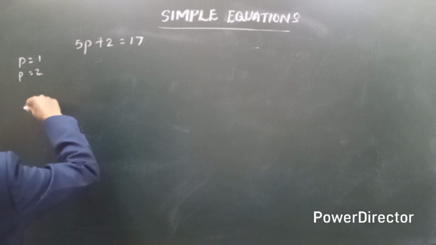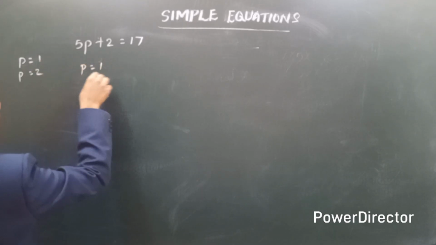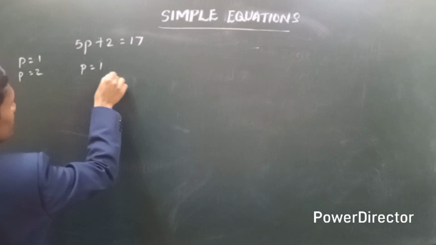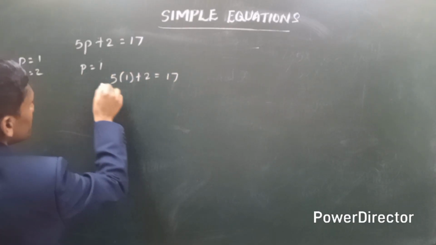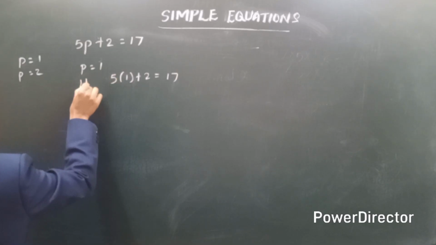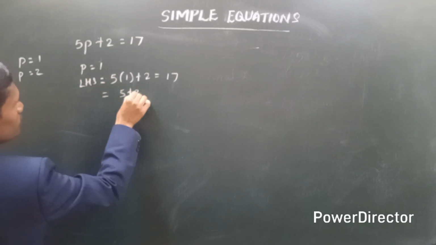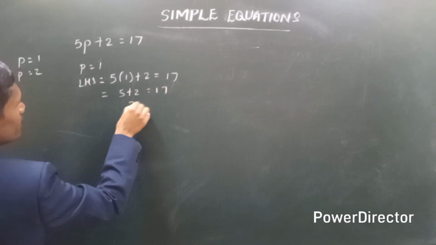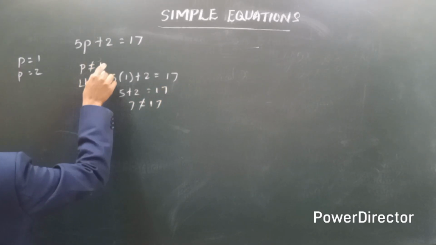Let us take p is equal to 1 first. If p equal to 1, what happens? LHS is 5 into 1 plus 2. 5 ones are 5, plus 2 is 7. 7 is not equal to 17. Therefore, p is not equal to 1.